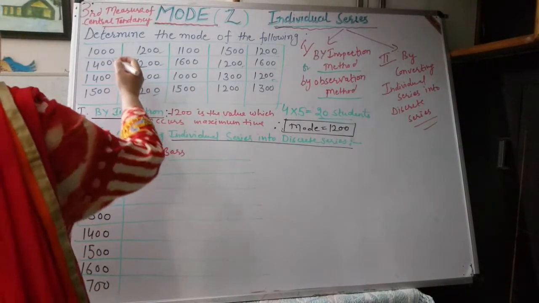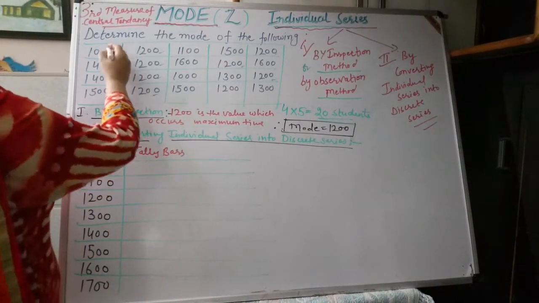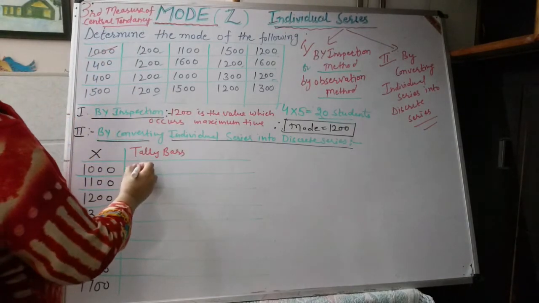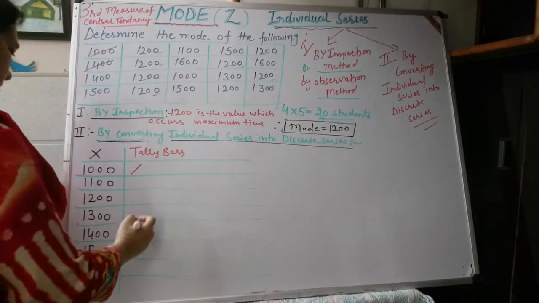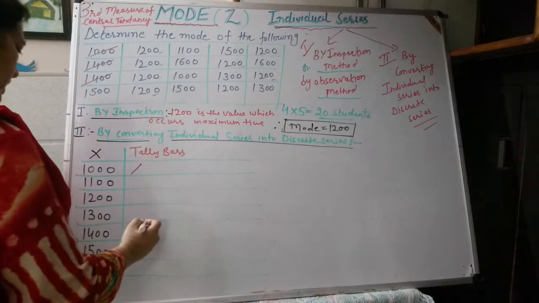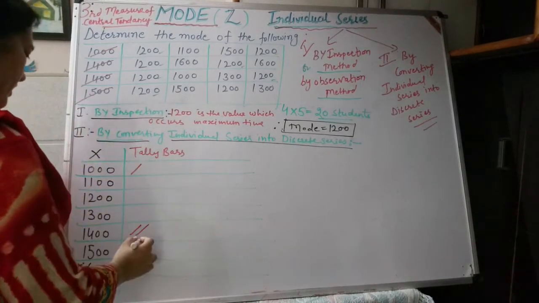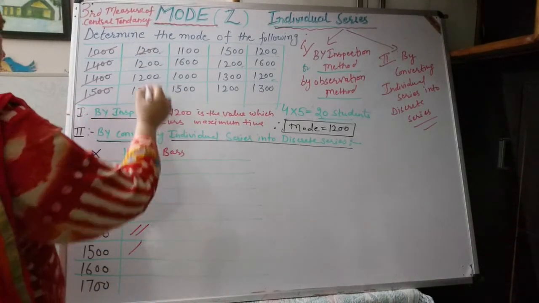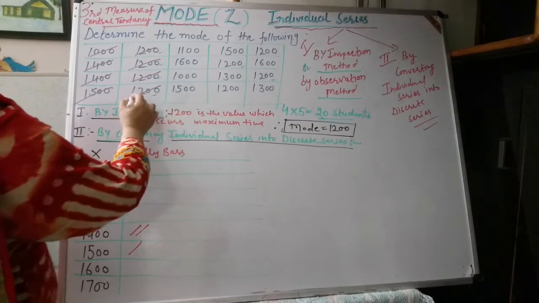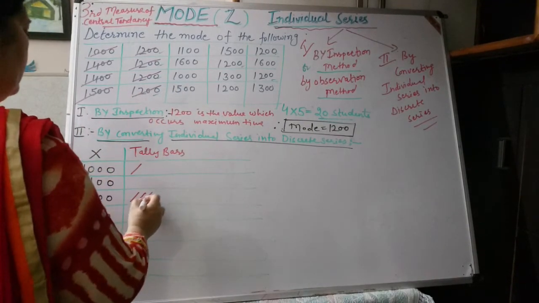These are the marks. Number 1, 1000, 1400, again 1400, 1500, 1200, 1200, 1200, 1200, 4 times.